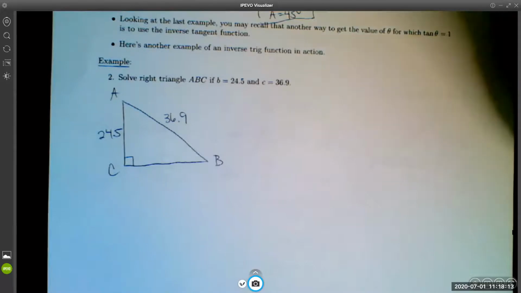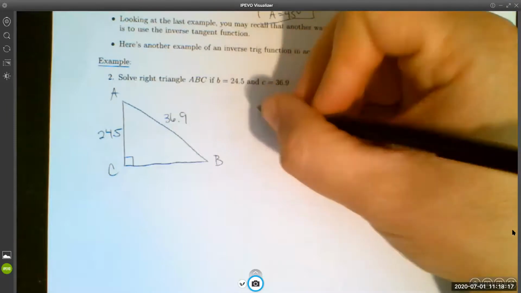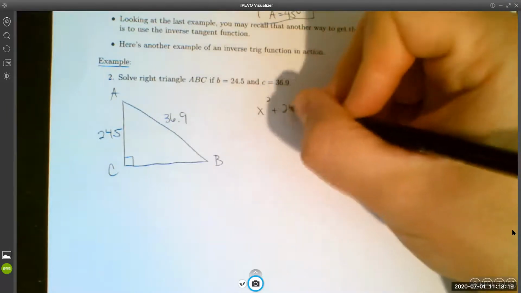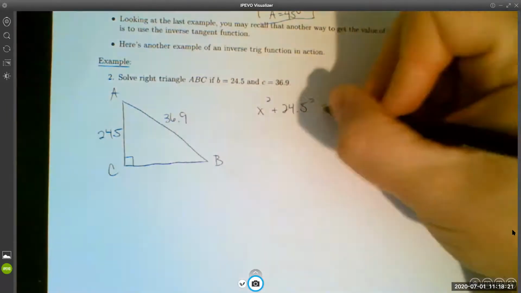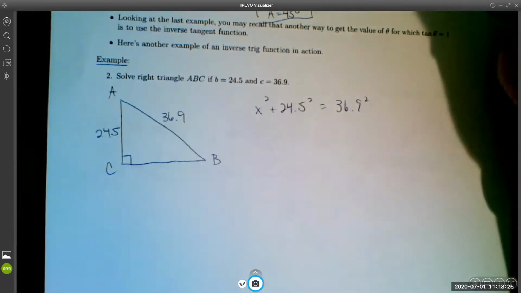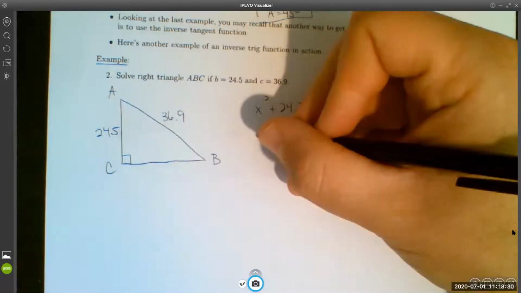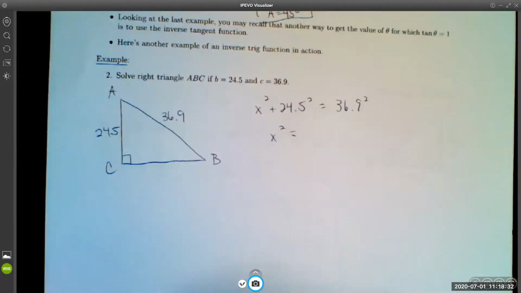So right off the bat, I can get this third side by using the Pythagorean Theorem. I can say x squared plus y squared equals r squared. So x squared is going to be, I'm just going to use my calculator, 36.9 squared minus 24.5 squared.